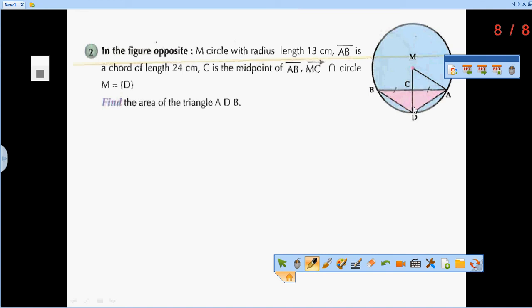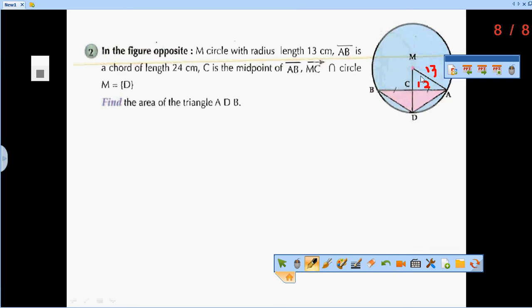Here we have the radius length equal to 13, meaning MA is 13, MD is also 13. I can write here 13 and MD also equals 13. And the length of this chord which represents AB is 24. I have C as the midpoint, it means here 12, here 12, and here 12 also.